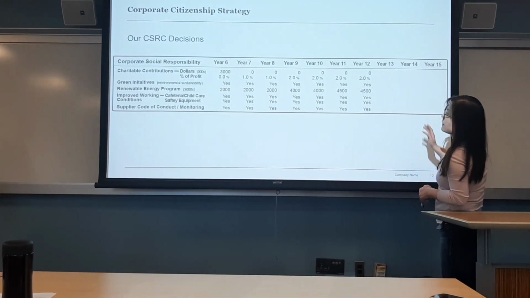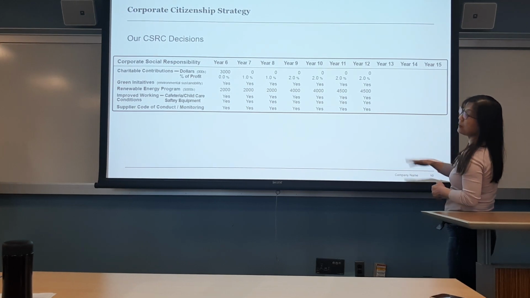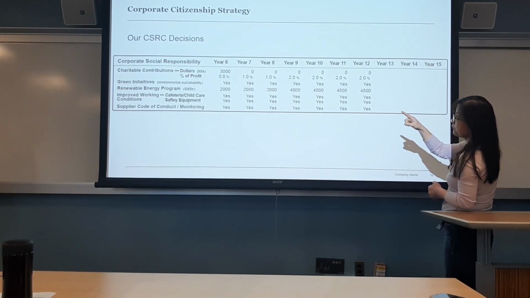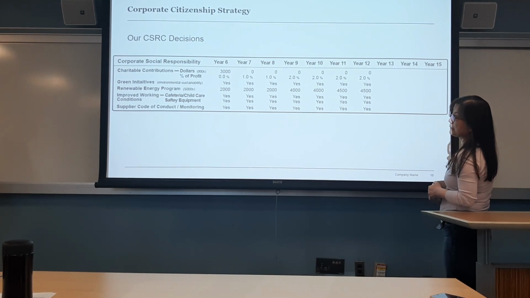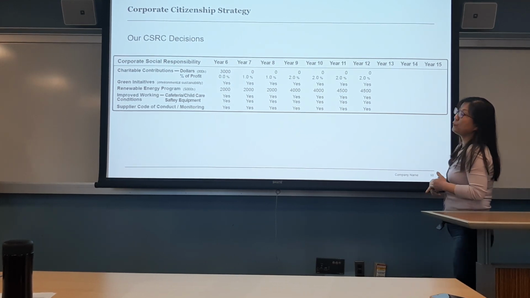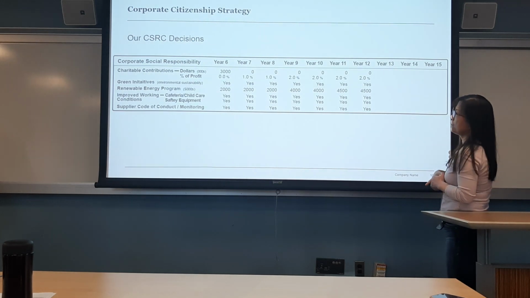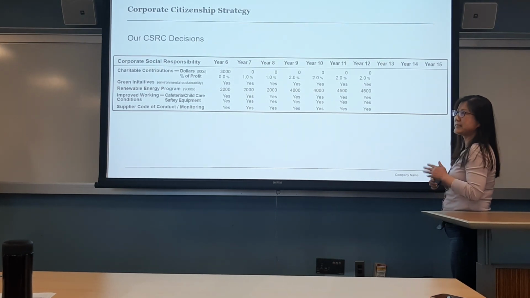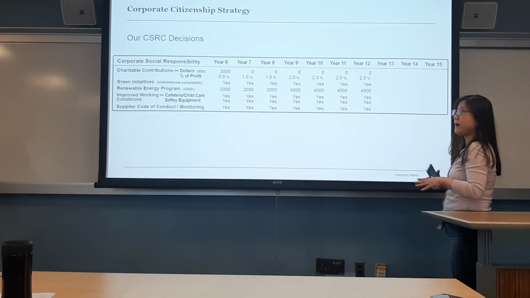Here is our decision from year 6 to 12. We started from 3 million at the beginning. Then we changed our strategy to a percentage connected to our profit, which we think is a more standardized way.